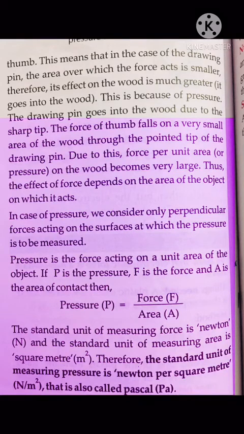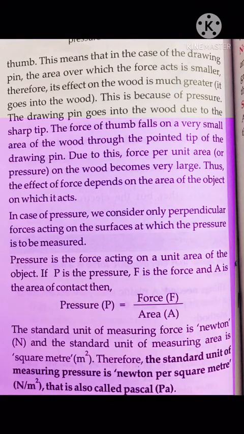The standard unit for measuring force is Newton, which is denoted by capital N, and standard unit of measuring area is square meter. So if we put units here, unit of force is Newton, unit of area is meter square. So what will be the unit of pressure?